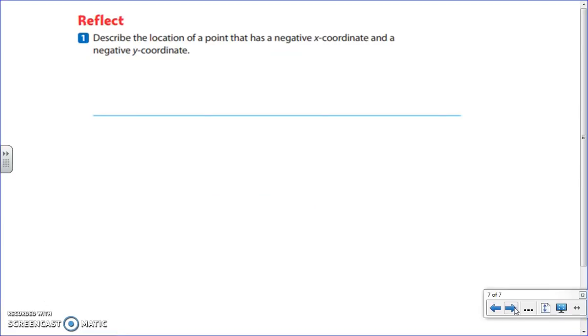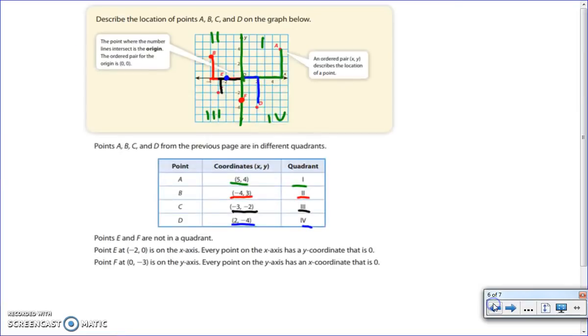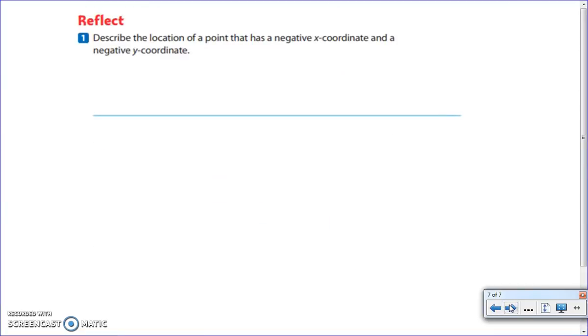It says describe the location of a point that has a negative x-coordinate and a negative y-coordinate. Well, I guess I can just draw a new picture. If we had our graph here, here's the x values, here's the y values. They're both number lines. Positive here, negative here, positive here, negative here. And I went negative x-coordinate, so I went to the left.